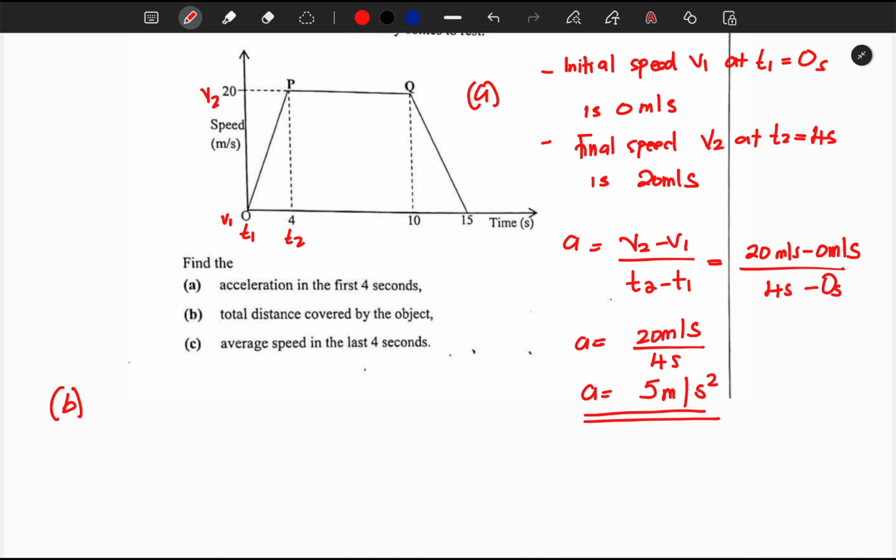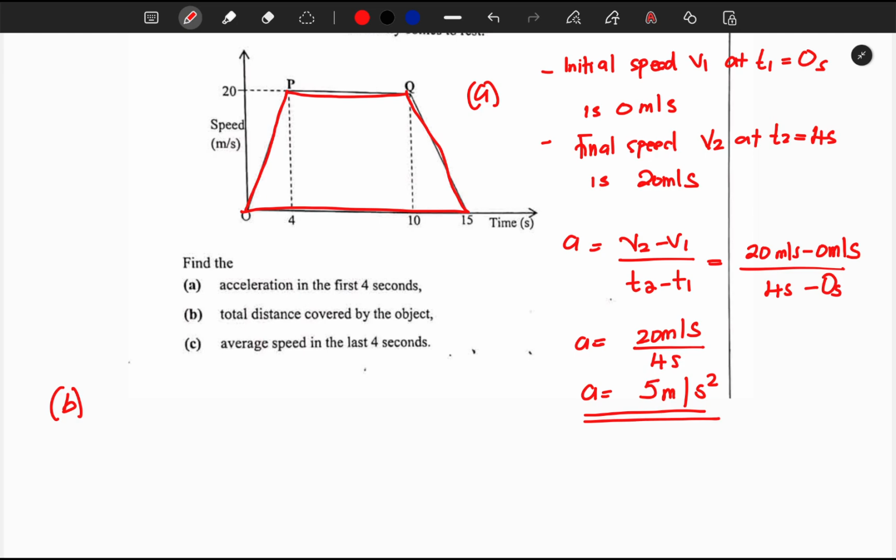Okay, we go to part B. Part B is asking us to find the total distance covered by the object. The total distance under a speed time graph is just the area below that graph. Look at the shape that we are forming.